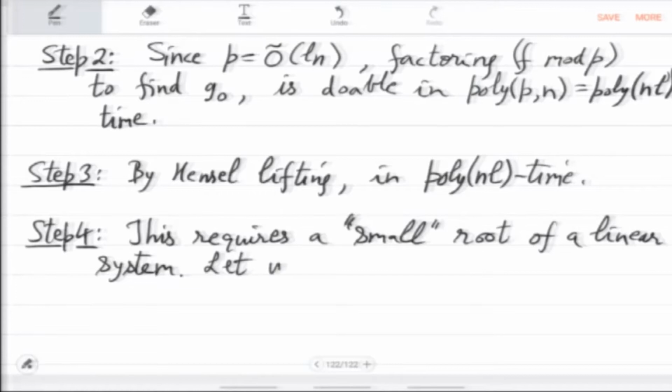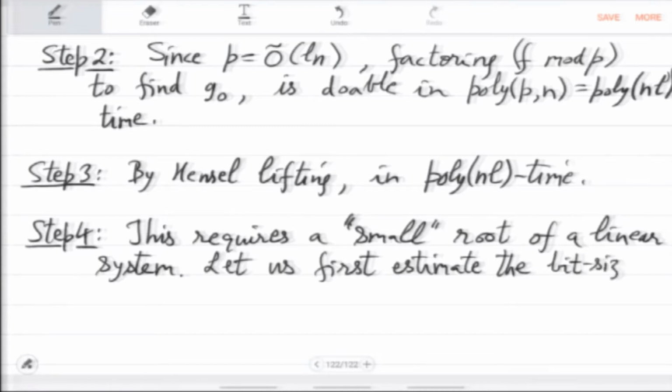So let us first estimate the bit size of the factors of f. We will prove the following lemma.